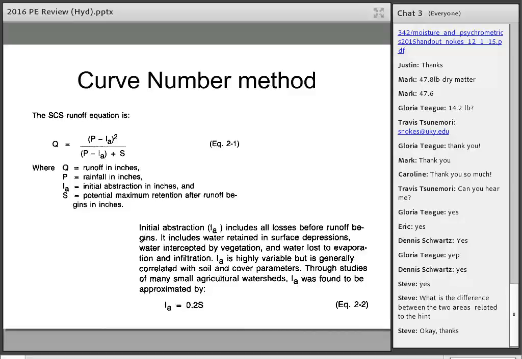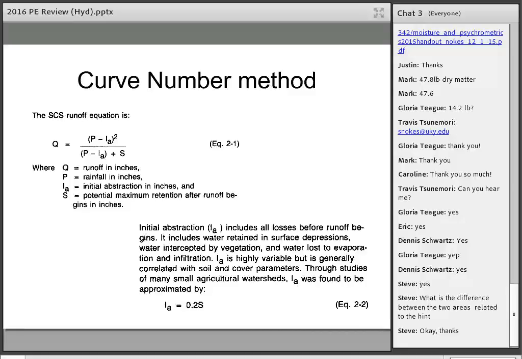curve number method. Essentially, the concept was that somehow we have to come up with a way to predict what runoff's going to be based on rainfall and based on the conditions of the soil that you're dealing with. So it uses first the idea of an initial abstraction.